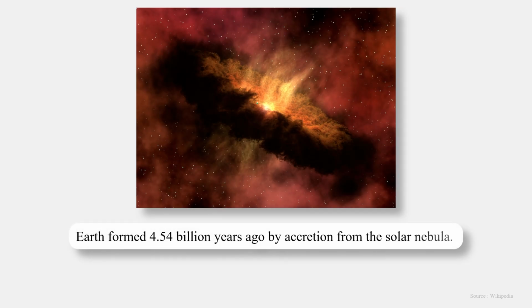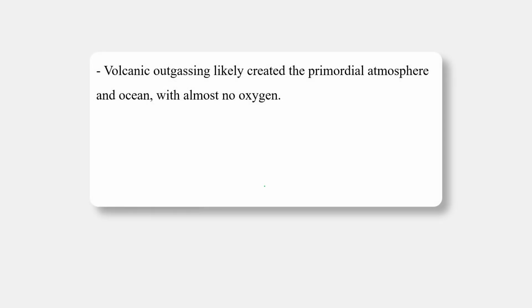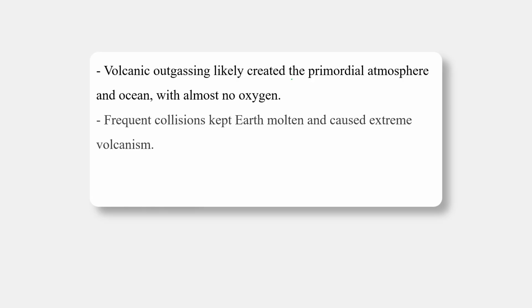First of all, as we all know, the Earth was formed about 4.54 billion years ago by accretion from a solar nebula. At that time, various volcanic outgassing activities were going on, and these likely created the primordial atmosphere and ocean with almost no oxygen.